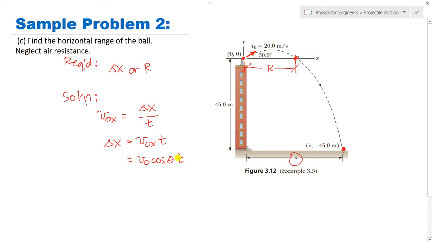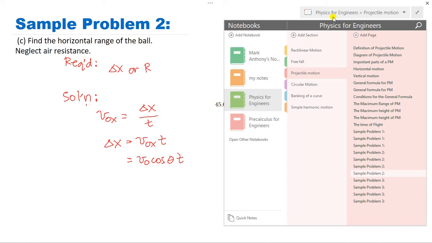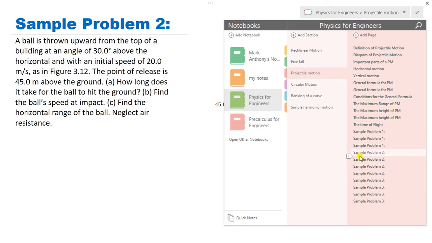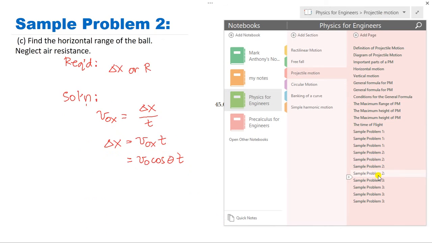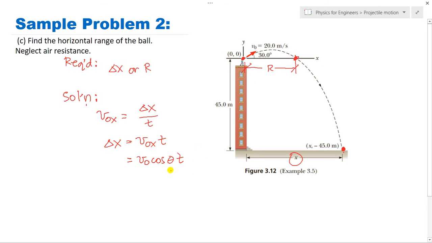We already have v naught, the initial velocity. We already know the throwing angle. How about for the time? Recall from the first question, we know that time is approximately 4.22 seconds, kasi yung range natin is dito. Therefore, we can use that one to solve the last requirement.